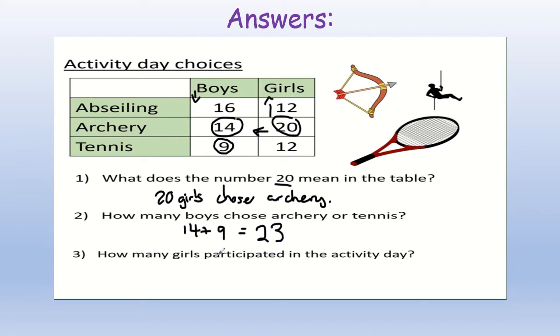And then how many girls participated in the activity day? So that's all of the girls totalled. So 12 add 20 add 12. Well, 12 add 12 is 24. Add 20 will give me 44 girls. Well done.